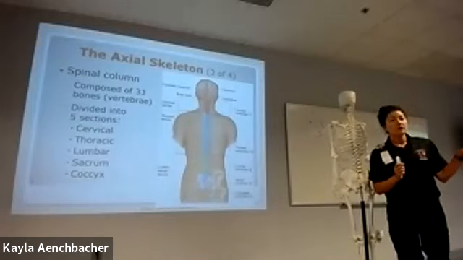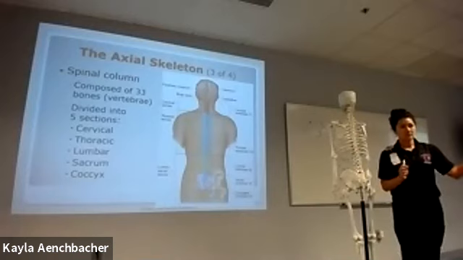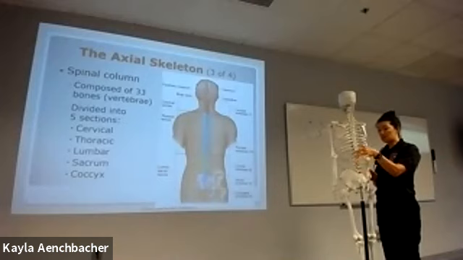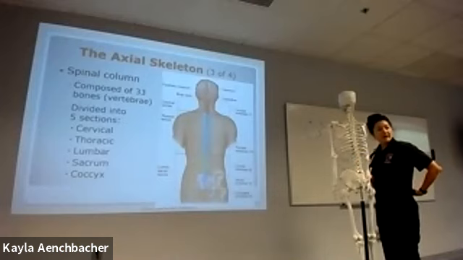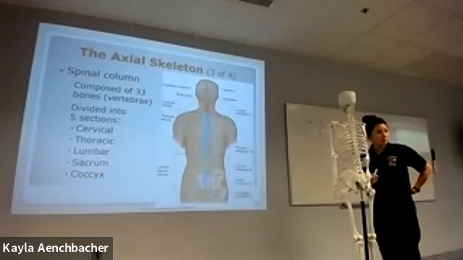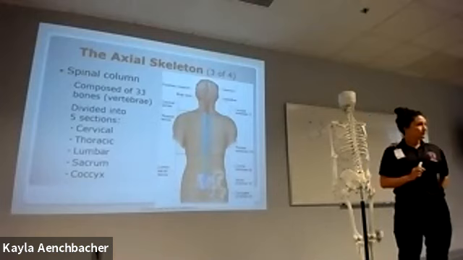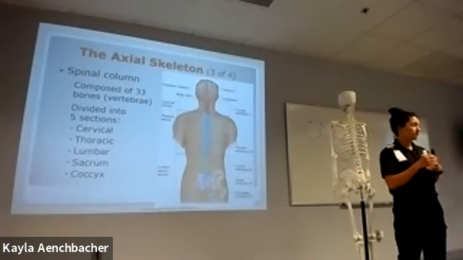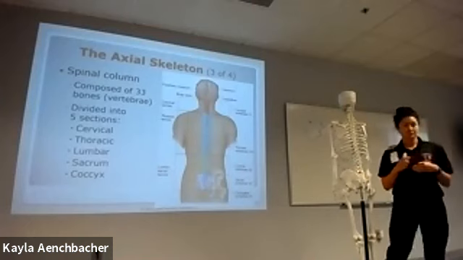The next 5 are your lumbar spine. That's where we have that little curve, the lower part of your back. Those 5 create your lumbar section.